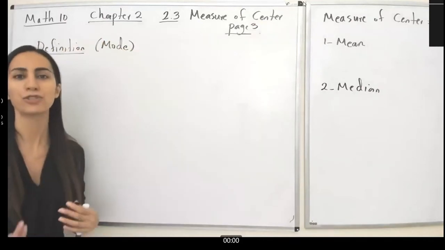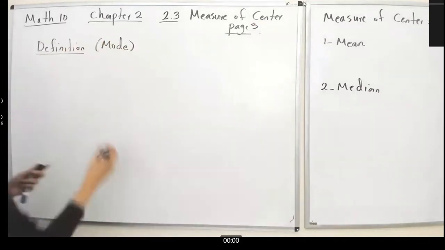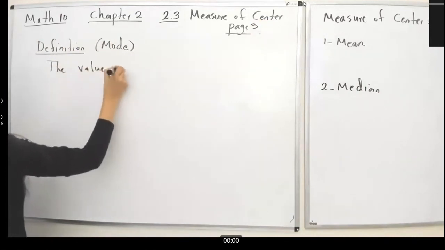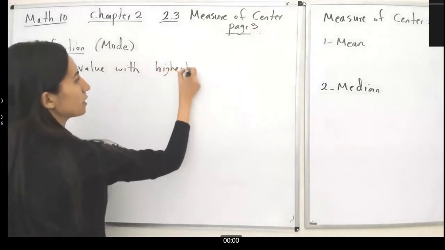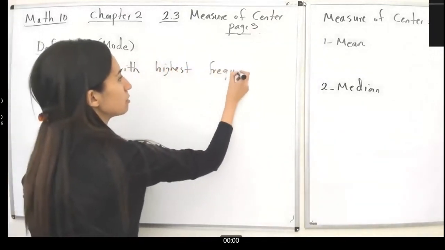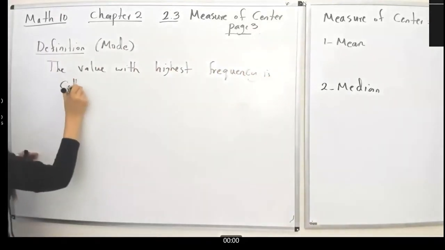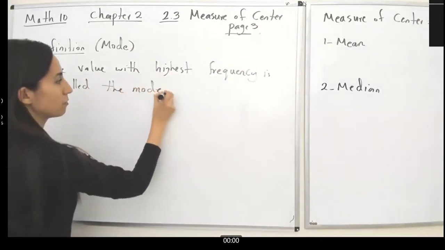Mode is actually the value with the highest frequency. The value with highest frequency is called the mode.